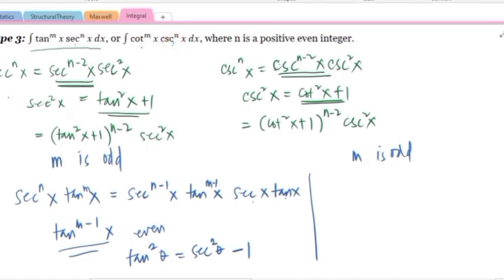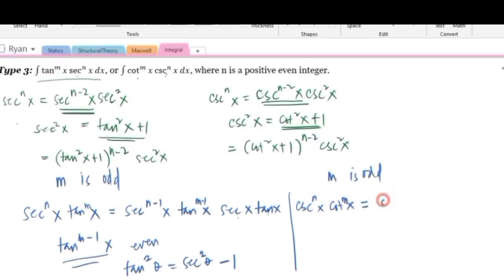So, i-express natin ito by extracting the cosecant cotangent. So, yung cosecant x raised to n cotangent x raised to m ay i-express natin in terms of cosecant n minus 1 of x cotangent m minus 1 of x cosecant x cotangent x. So, itong cosecant cotangent yung ini-extract natin dito.